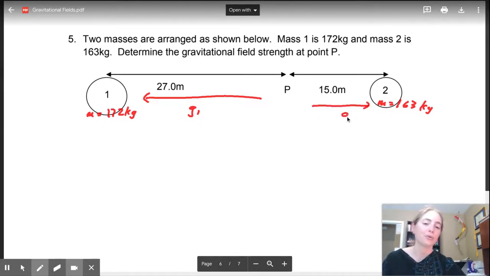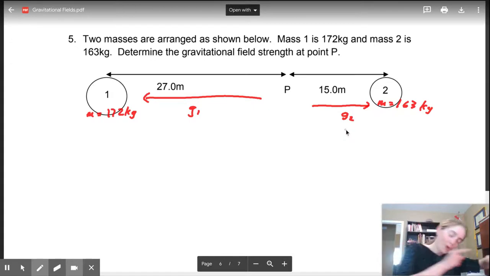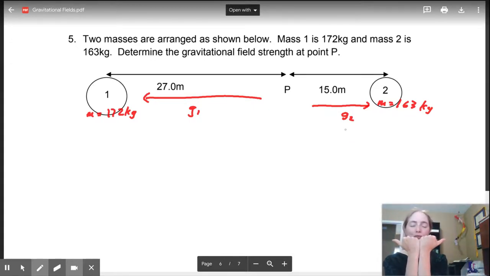G2 is going to be going in the direction towards the mass. So that means point P is going to be experiencing two fields this way. Now, because it's a vector, we can add these vectors the same way we do all of our other vectors.